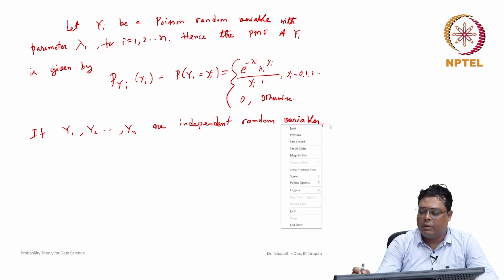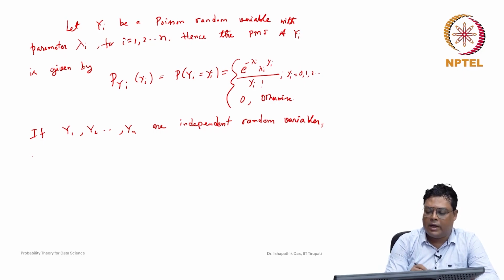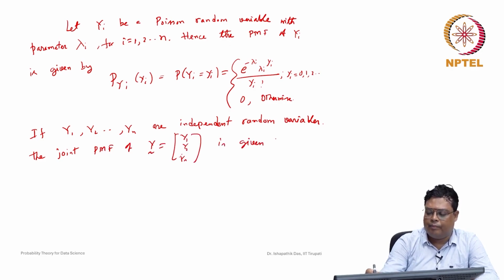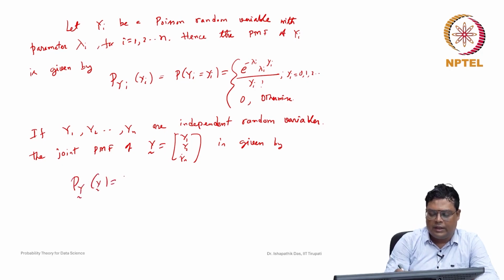With this assumption, the joint probability mass function of the vector y1, y2, yn is given by p of y.